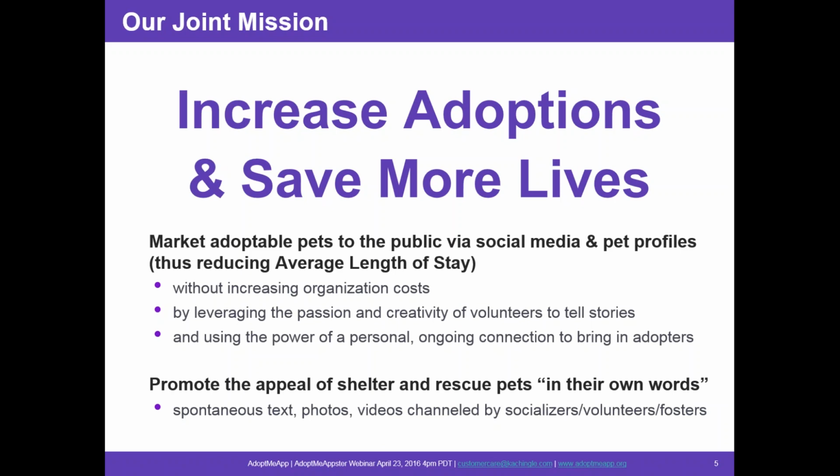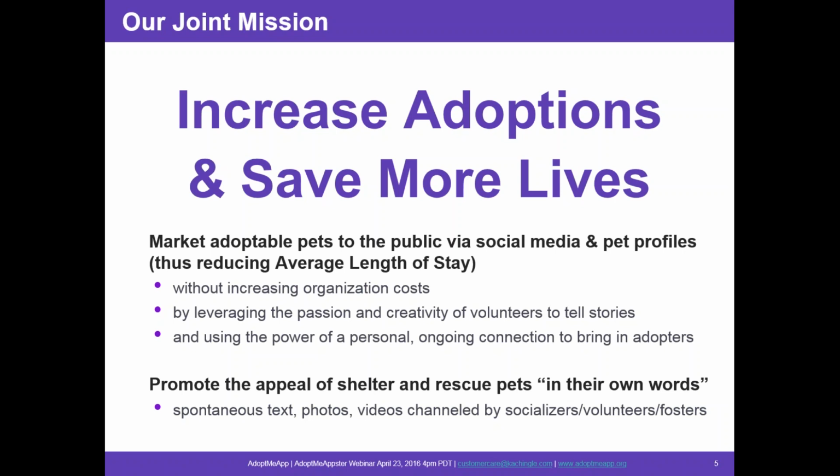The goal being to reduce average length of stay, allowing more animals to come in. And one of our top priorities in AdoptMeApp was to not increase organizational costs, leverage volunteers because they're already socializing with the animal, and try to build that ongoing personal connection to bring in adopters. And we believe we have been very, very successful.